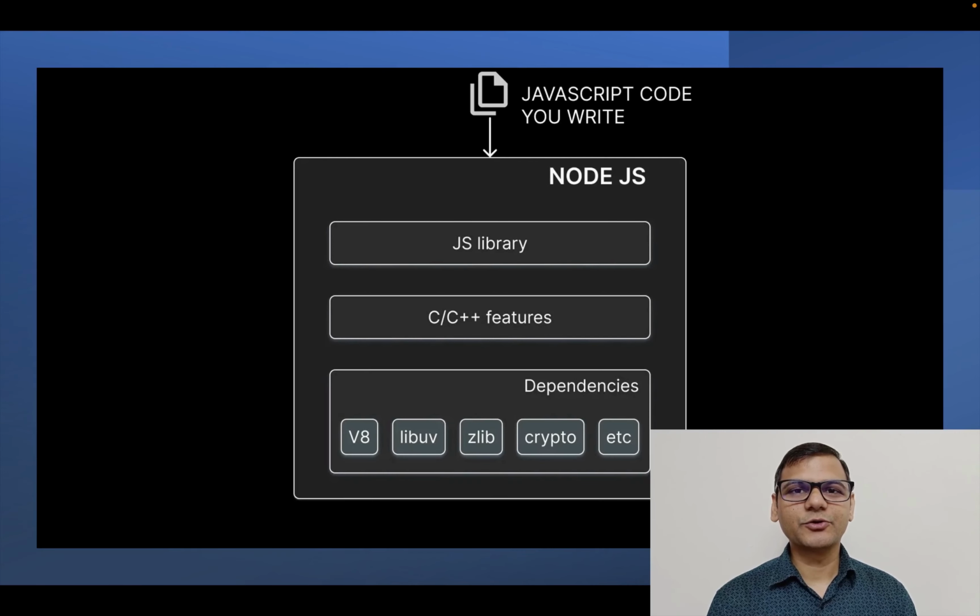So this is the Node.js architecture where we have JavaScript libraries, C++ features, and then dependencies: V8, Libuv, zlib, crypto, etc. The main dependencies are V8 and Libuv.